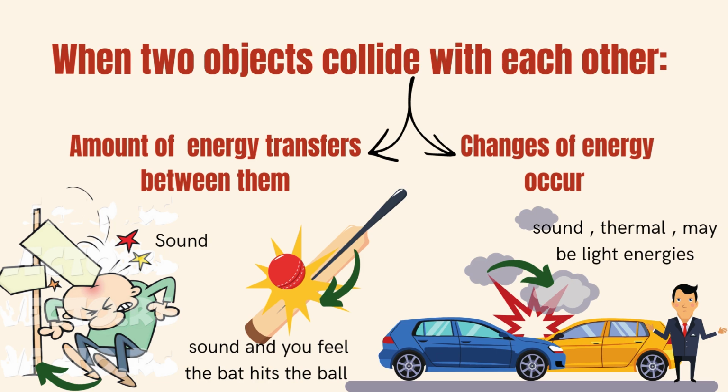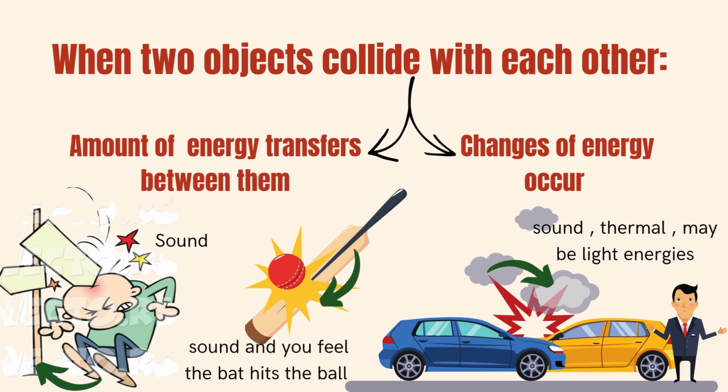So what happened when the pad collides with the ball? The kinetic energy transfers to the ball, so this is the energy transfer, and part of this energy changes into another form, the sound energy that we hear when the pad collides with the ball.